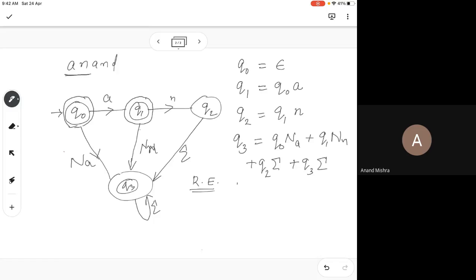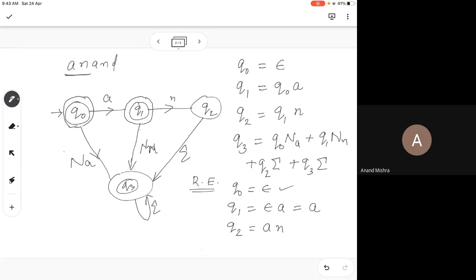Q naught is this, which is already there, no problem. Now I can write Q1 as Q naught epsilon A, so this is A, right? Q1 is A. Now Q2 I can write as AN, because Q1 is A, so Q2 is AN.